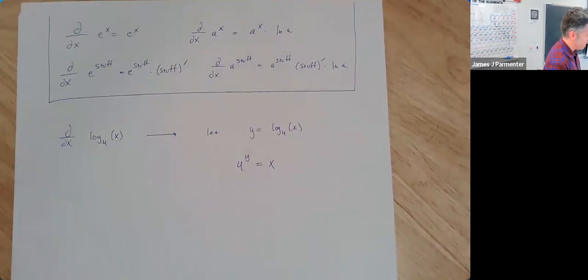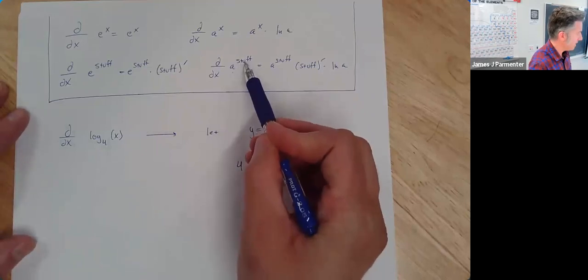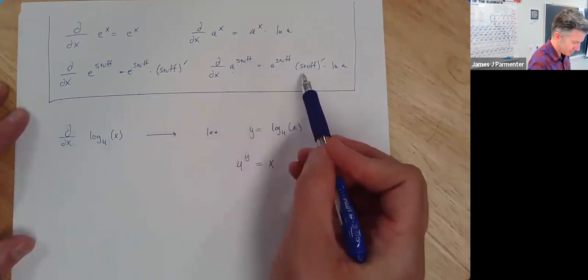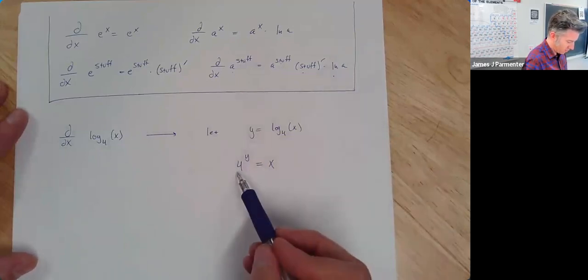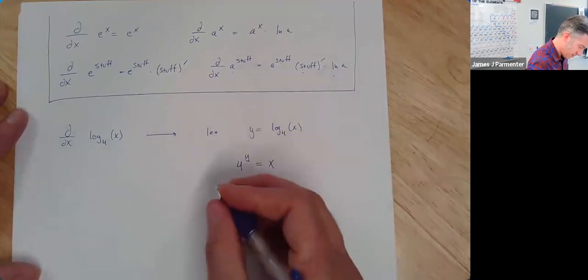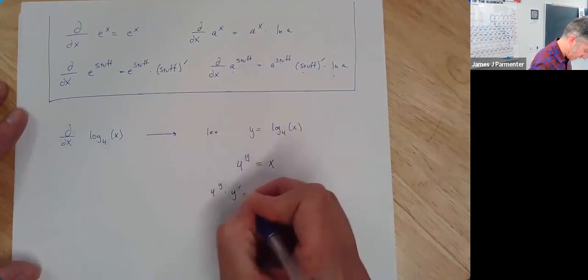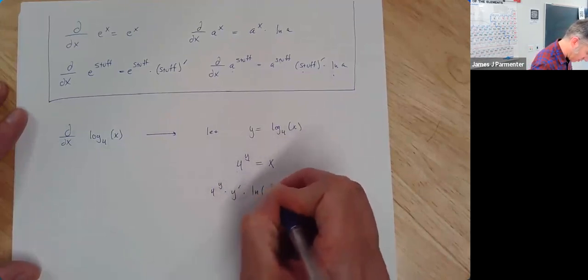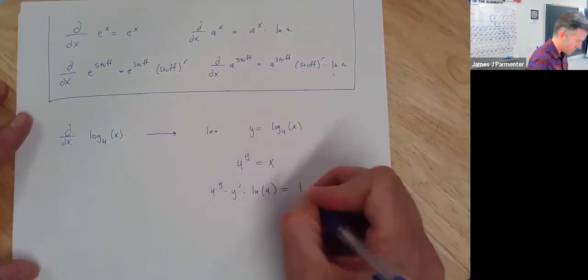Okay. And now we're going to use the thing that we really just did. I know that the derivative of a to the stuff is a to the stuff times the derivative of the stuff times the natural log of a. So the derivative of 4 to the stuff is going to be 4 to the stuff times the derivative of the stuff times the natural log of 4. And the derivative of x is 1.